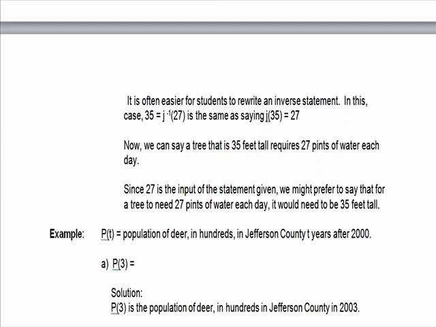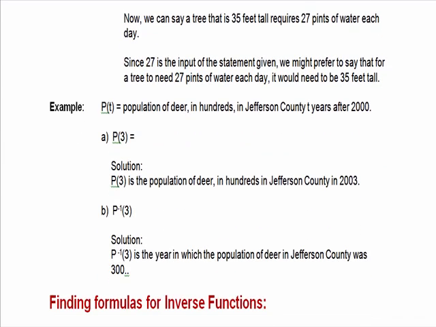Let's take a look at a second example. Suppose P at T is the population of deer in hundreds in Jefferson County T years after 2000. Suppose I wanted to say, what does P at 3 give me? Notice I don't have P at 3 equals a number. What I know is the inside is T, so this is years.